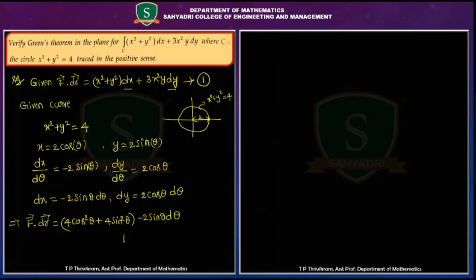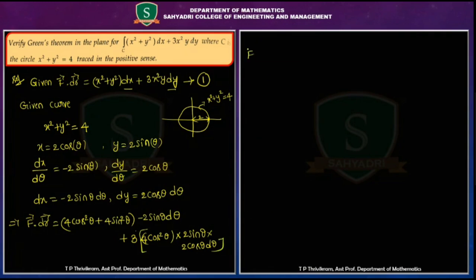Next plus 3x square, 3x square means 4 cos square theta, into y, y means 2 sin theta, into dy, dy is 2 cos theta d theta. So this much we have to do.